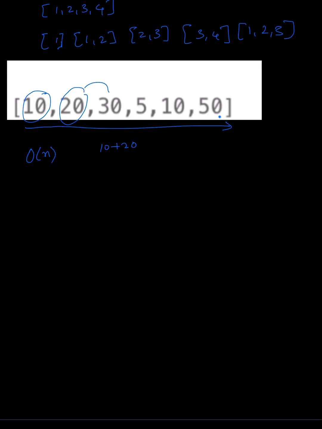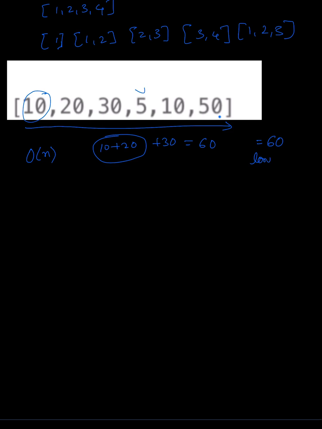And after this one, again, if we go to this particular number, we can add these two with this one, and that's going to give 60. And again, we check whether this number is greater than this one. So here there is a break. So we are going to stop this loop.